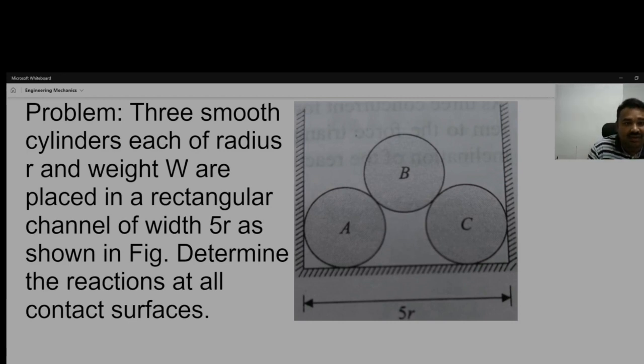Here the next problem is, there are three cylinders fitted inside the channel.